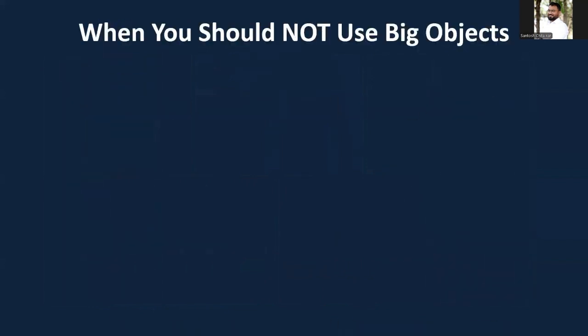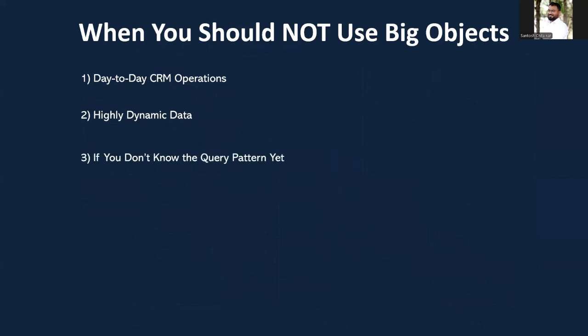Let's try to understand when you should not be using one. Of course, for day-to-day CRM operations, you should be using custom objects or standard objects, not the big object. Highly dynamic data, or if you don't know the query pattern yet, you should definitely go for the custom object, not the big object.